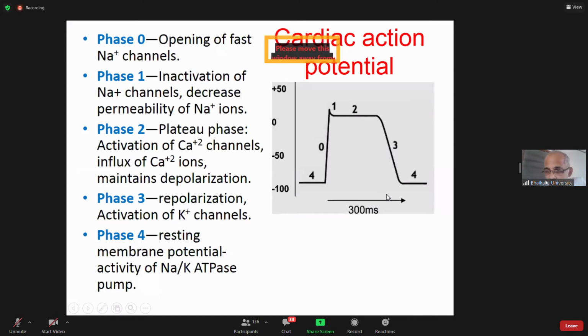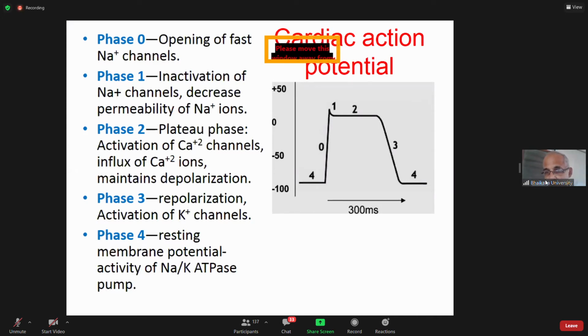Not only that, it increases the duration of the absolute refractory period also. Because of this influx of calcium ions, 3 things are happening. 1, there's a plateau phase. 2, the duration of the absolute refractory period has increased.